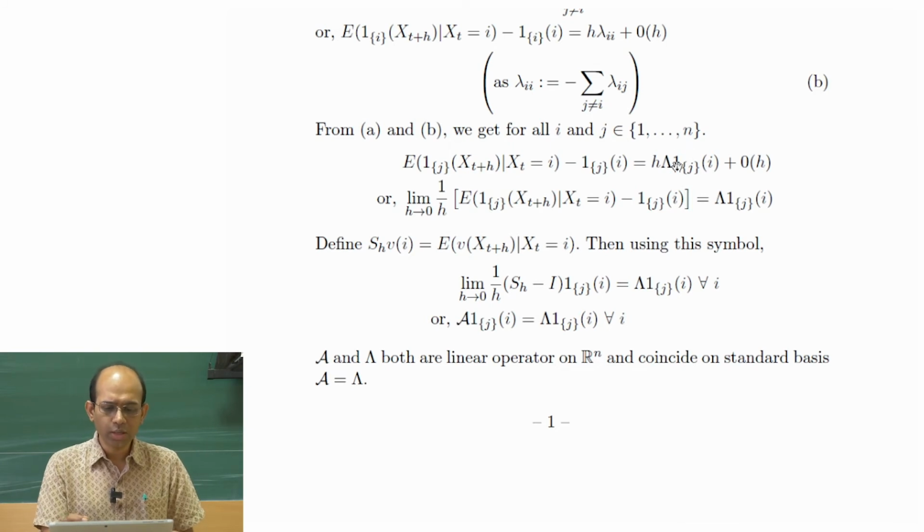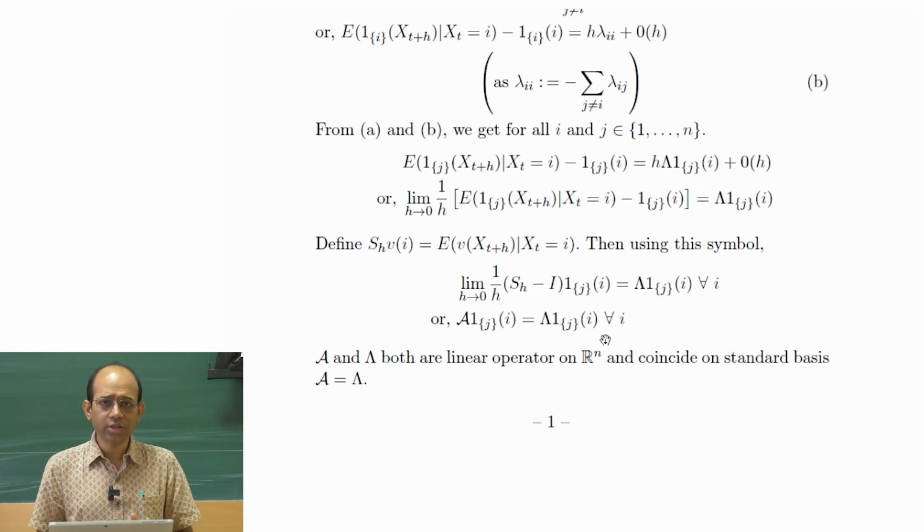This is written for all unit vectors, but any vector can be written as a finite sum of the unit basis vectors, and from there one can establish that it is also a C0 semigroup. So this is the semigroup, and for it we now plan to find the generator, as we defined in the last slide.